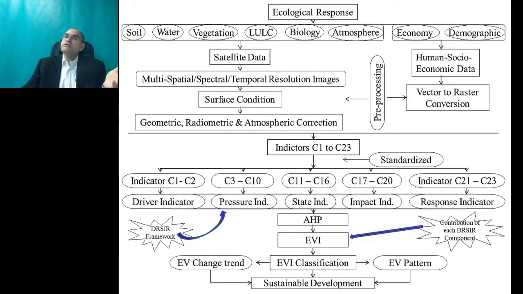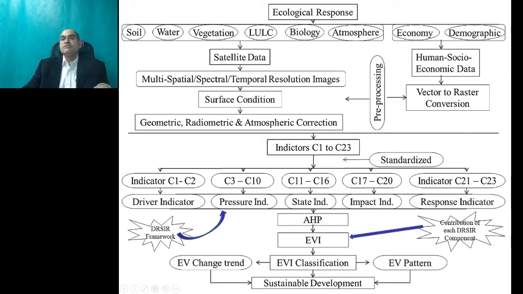Earlier I used only soil, water, vegetation, but now I use economic or demographic data, meaning human socio-economic information, which was already in vector format, so I converted it into raster format, and you are aware of these basic things in pre-processing.